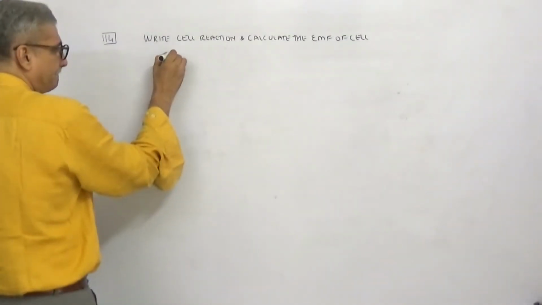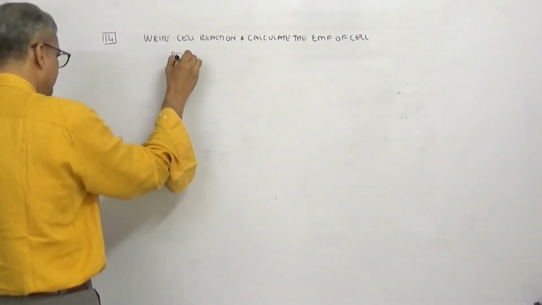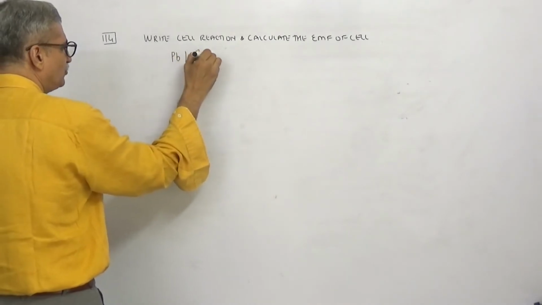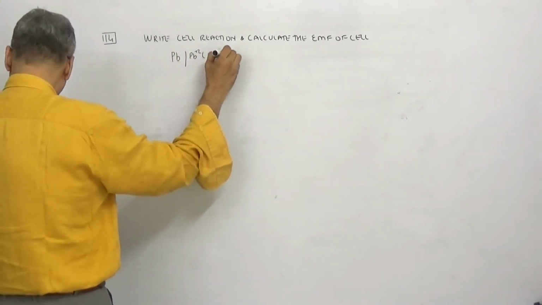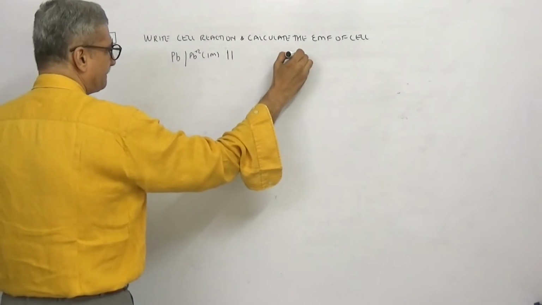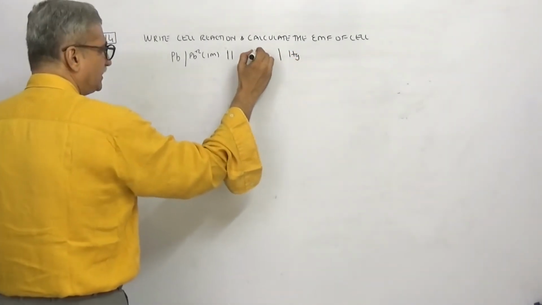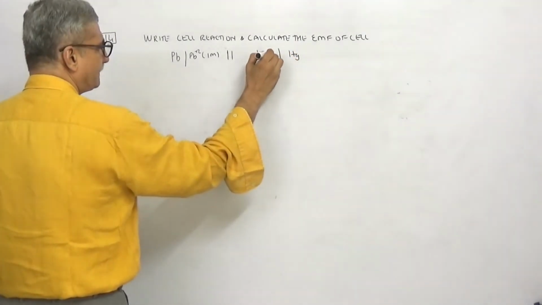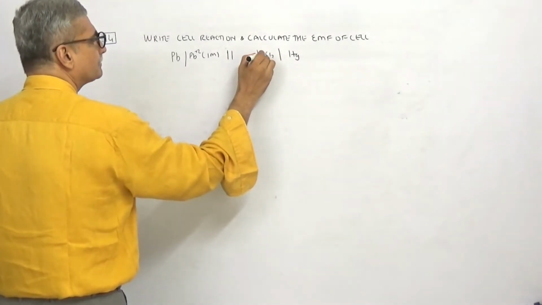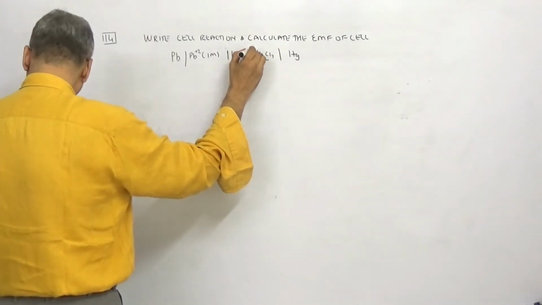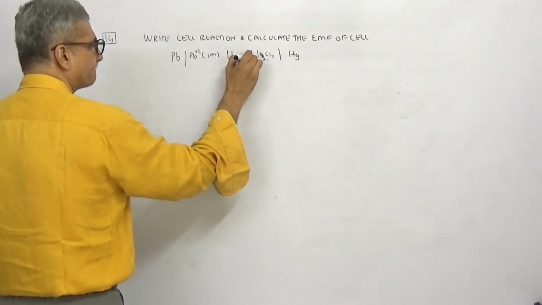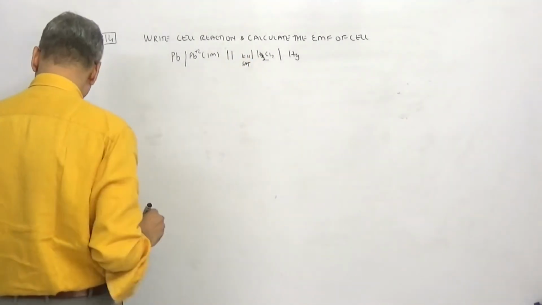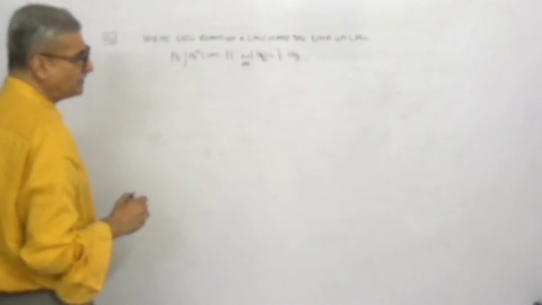Pb, Pb plus 2, 1 molar. Then you have Hg, this is calomel electrode, Hg2Cl2, and you have KCl, saturated. Okay, so what is the cell reaction?